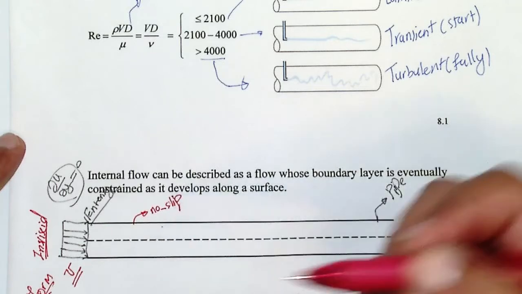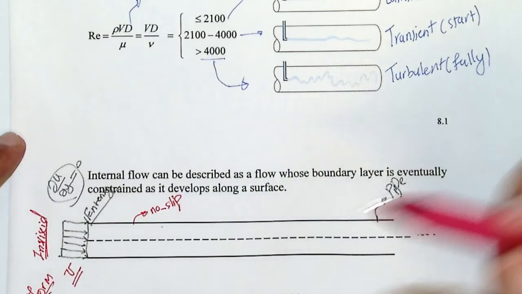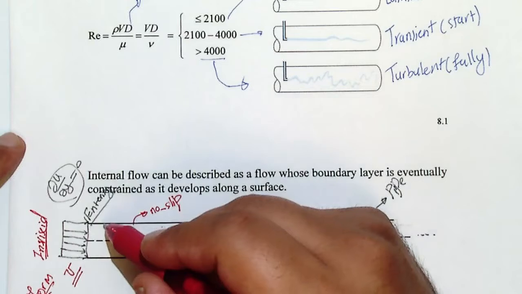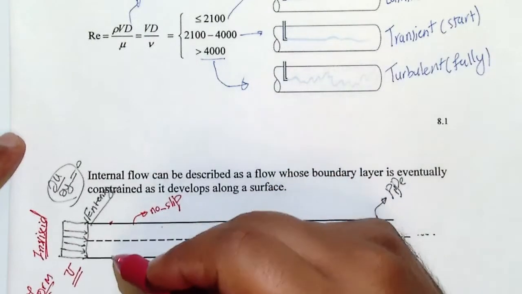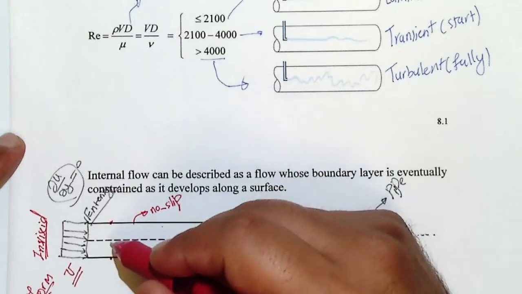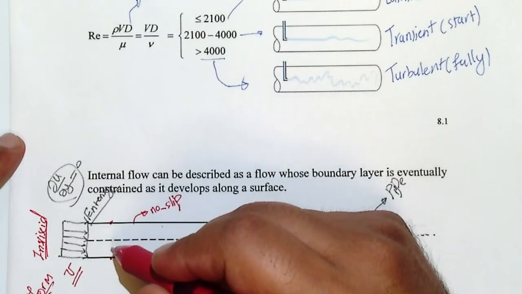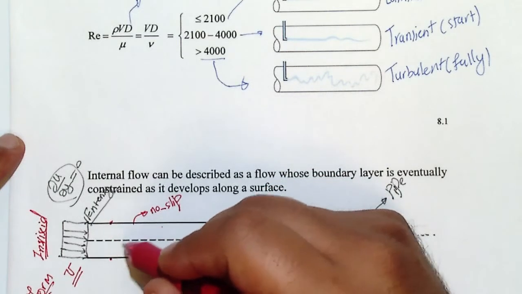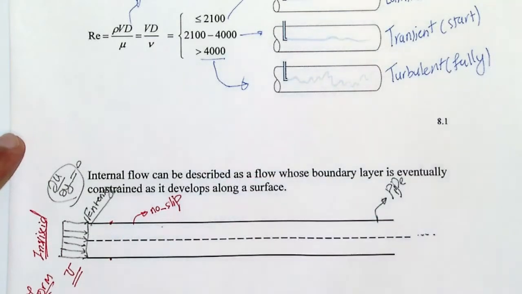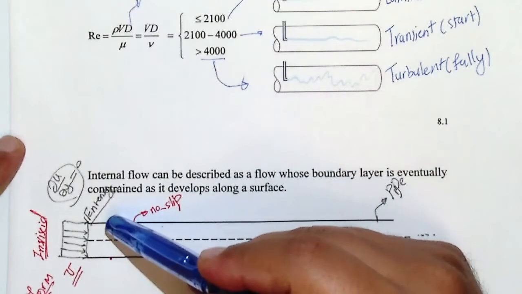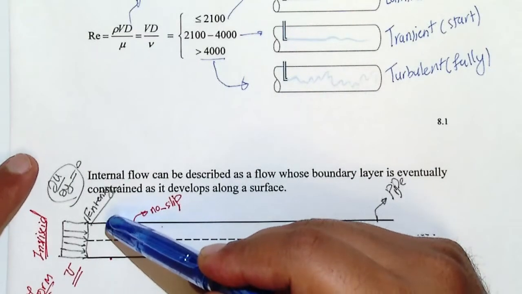It has to stick to the wall because the wall doesn't move. So here you will have a sudden change to 0 at the walls, and you still have a uniform flow inside, in the core part of the flow, right?